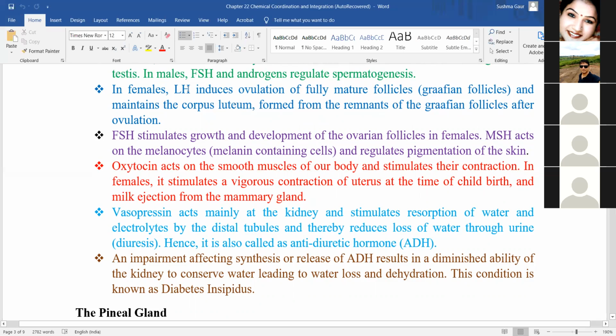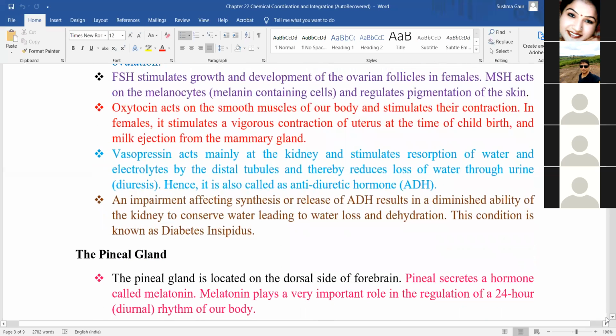So basically what you have to remember is that luteinizing hormone is responsible for induction of ovulation in females, and follicle stimulating hormone will stimulate the growth and development of ovarian follicles in females.